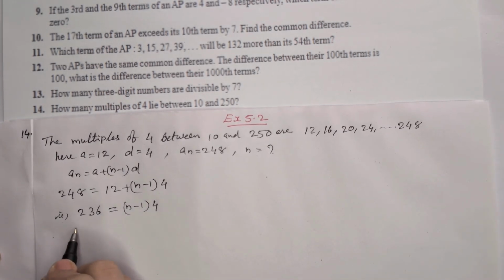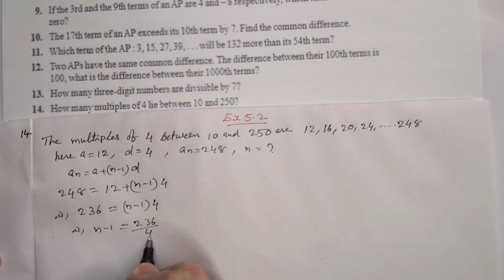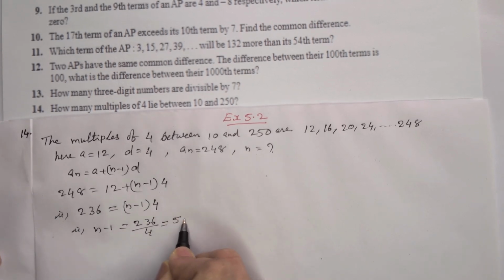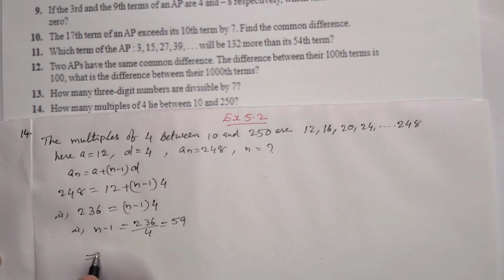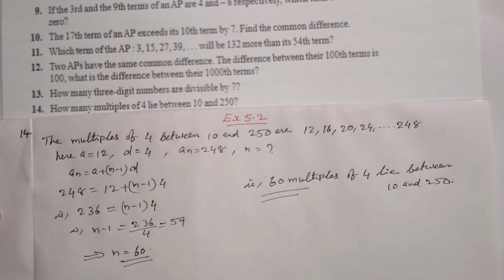Then divide by 4, that is n minus 1 is equal to 236 by 4, which is equal to 59, which implies n is equal to 60. So we can write in a sentence, there are 60 multiples of 4 between 10 and 250.